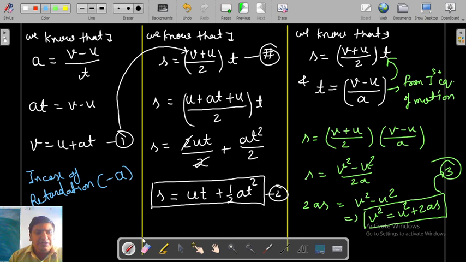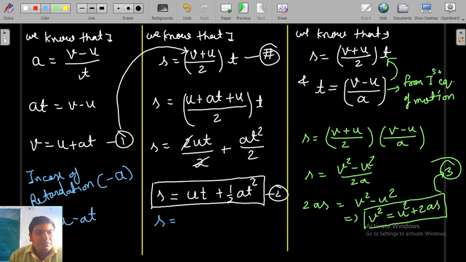All the equations will turn like this, that v equals to u minus at, in place of plus at we should write minus at. Here s equals to ut minus half at square, and here v square equals to u square minus 2as.